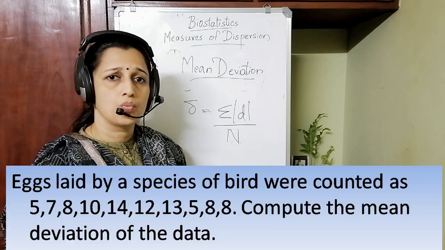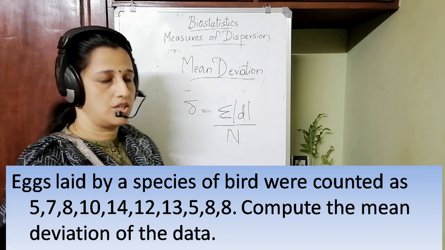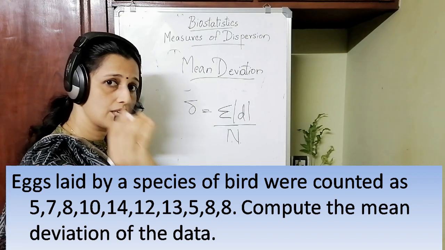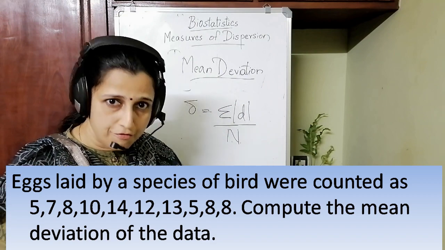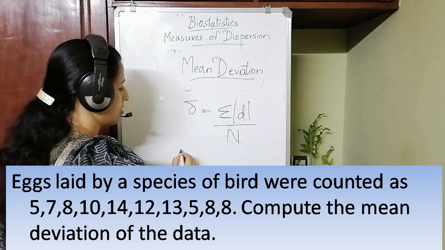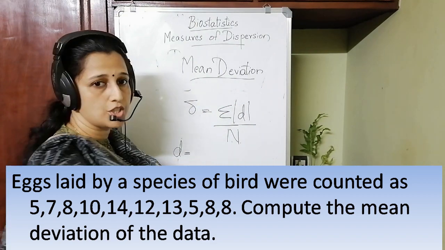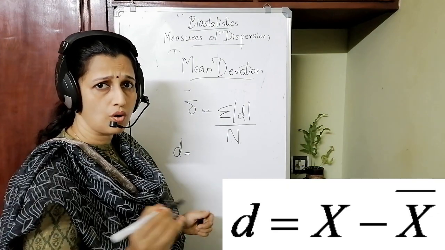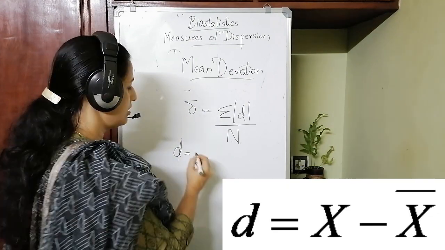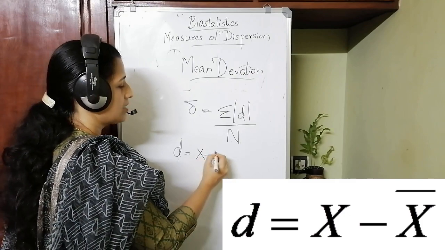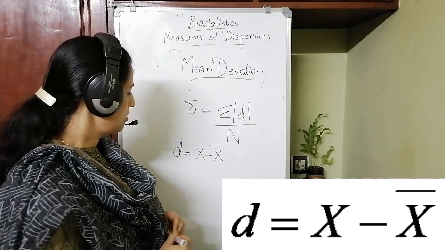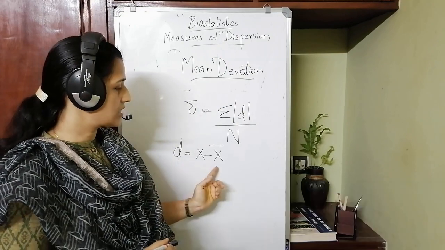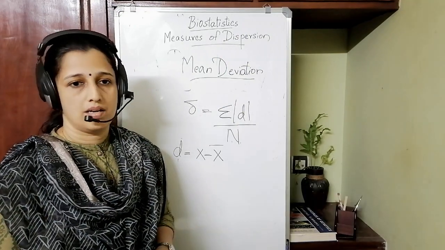And now let's see how you calculate this deviation. Deviation means deviation away from the average or the mean value. So deviation D is equal to the score or value of the variable minus x bar. X bar means mean. So D is equal to x minus x bar.